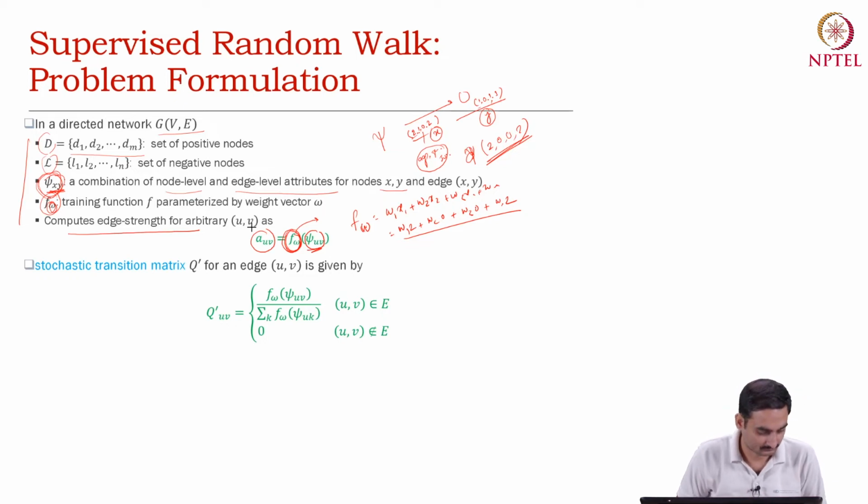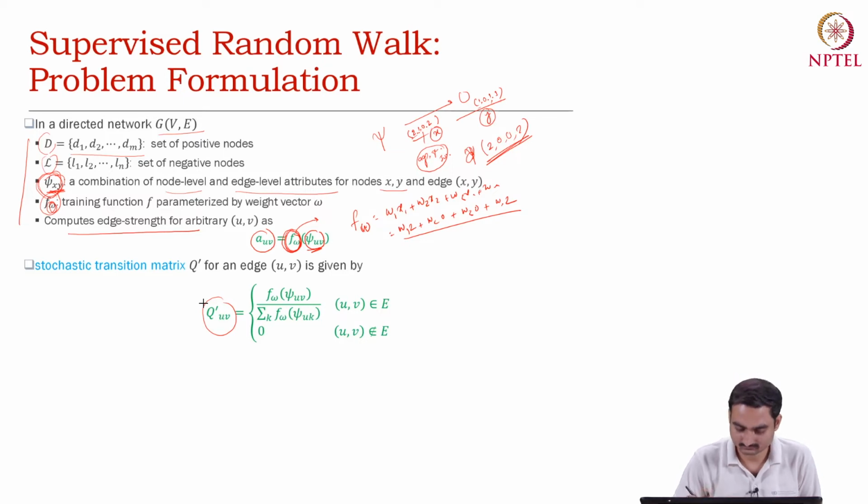Then what we do is we compute a transition matrix. Remember, whenever we do a random walk process, we need some transition matrix. The transition matrix can be the adjacency matrix itself or it can be computed in different ways. In our case it is computed in a different manner.